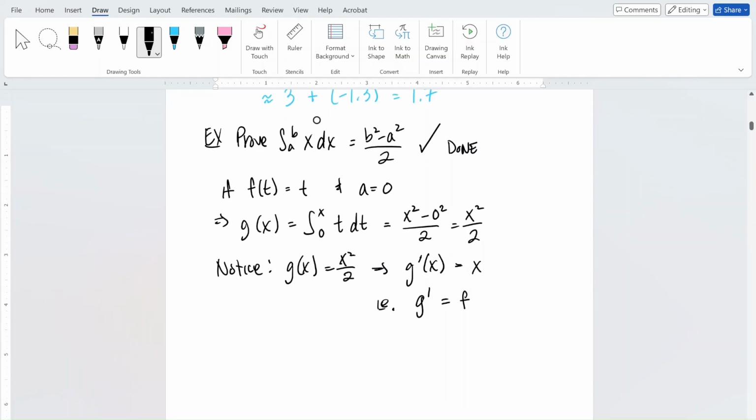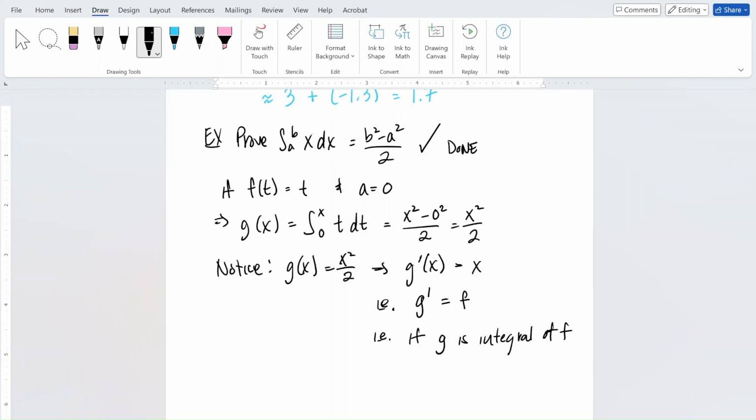But also, if you look at the connection, if G is the integral of f, that's what we started off with. G is defined as the integral from 0 to x of f of t dt.